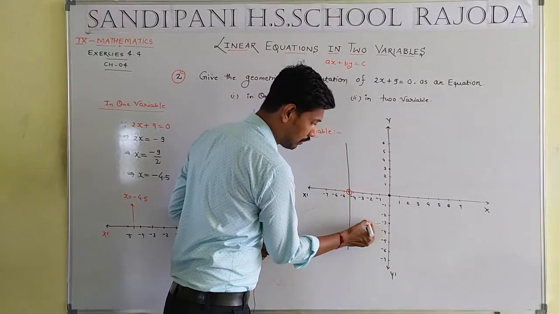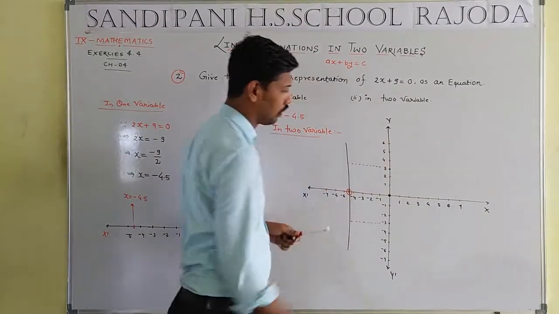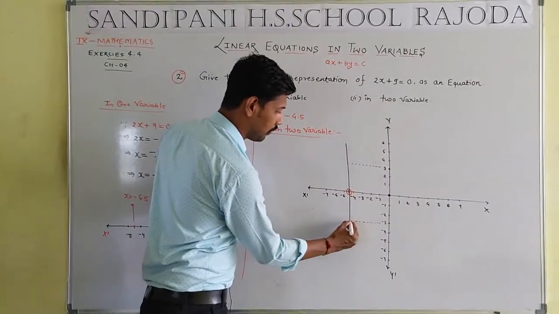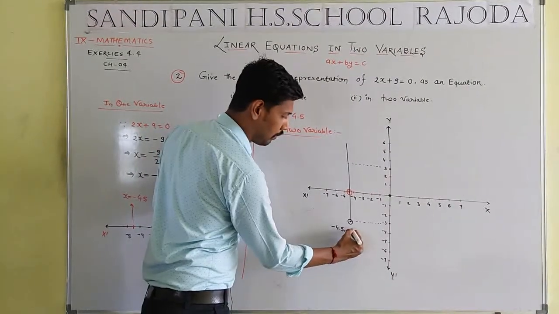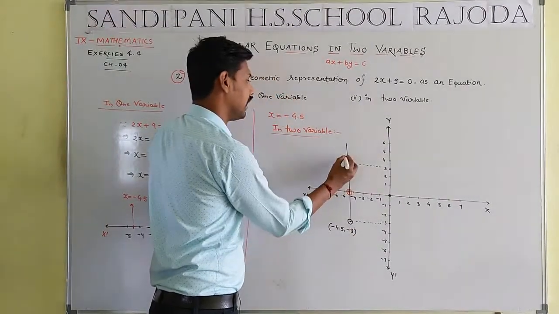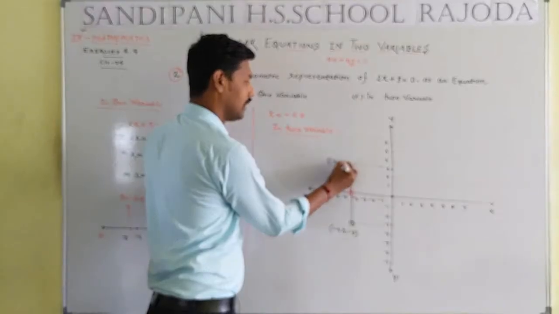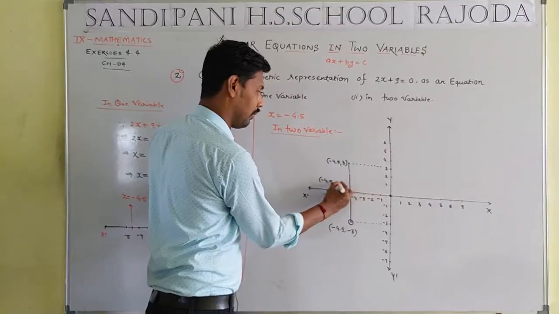That means a simple perpendicular line from the point 3 and -3. This point will be equivalent of -4.5, -3, and this will be equivalent of -4.5, 3, and this will be equal of -4.5, 0.